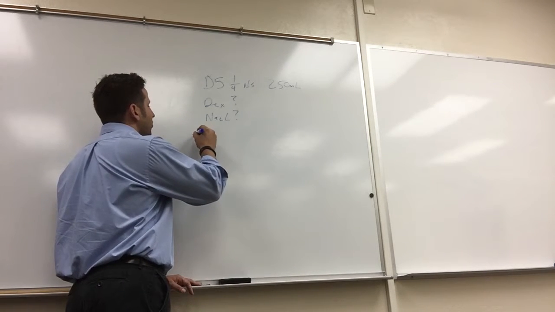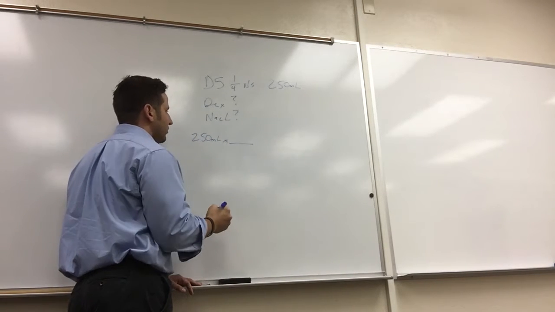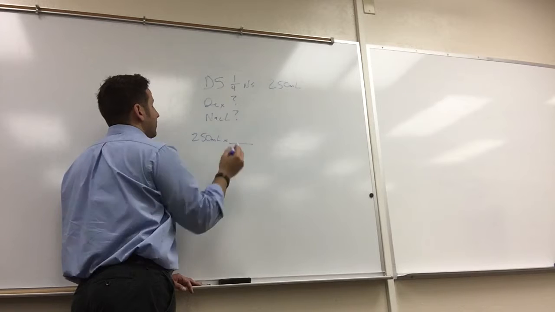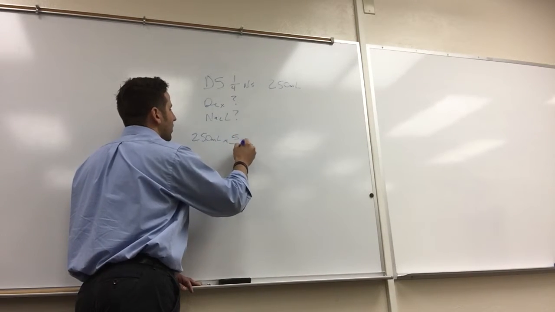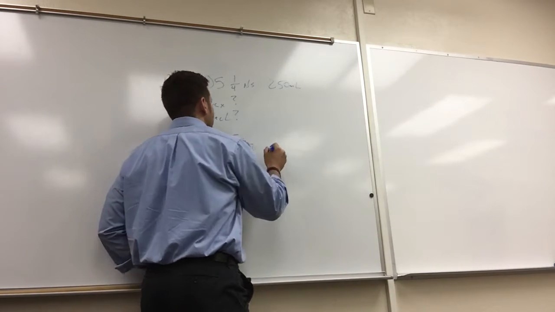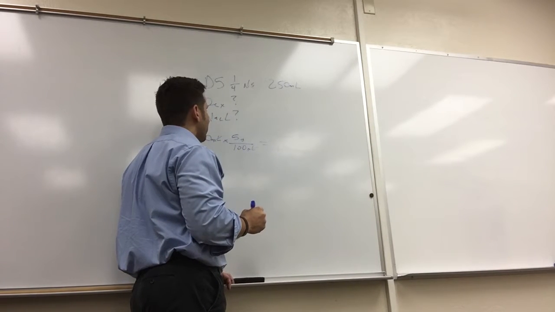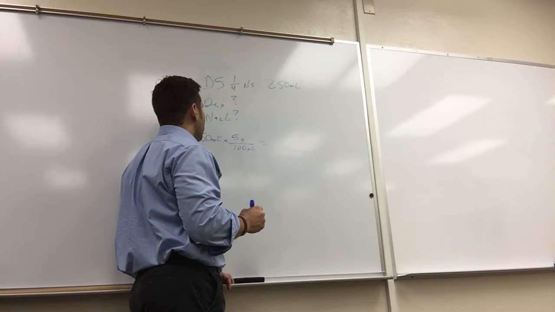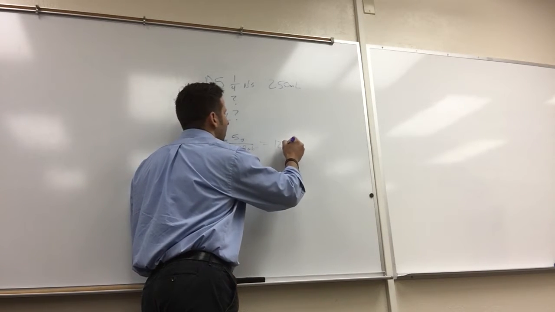Let's do the dextrose first. 250 mLs. And it's gonna be 5 over 100. So that gives you 2,500 over 5, which will give you 500. No, oh, I'm sorry. 250 times 5 divided by 100. Sorry, I did it wrong.